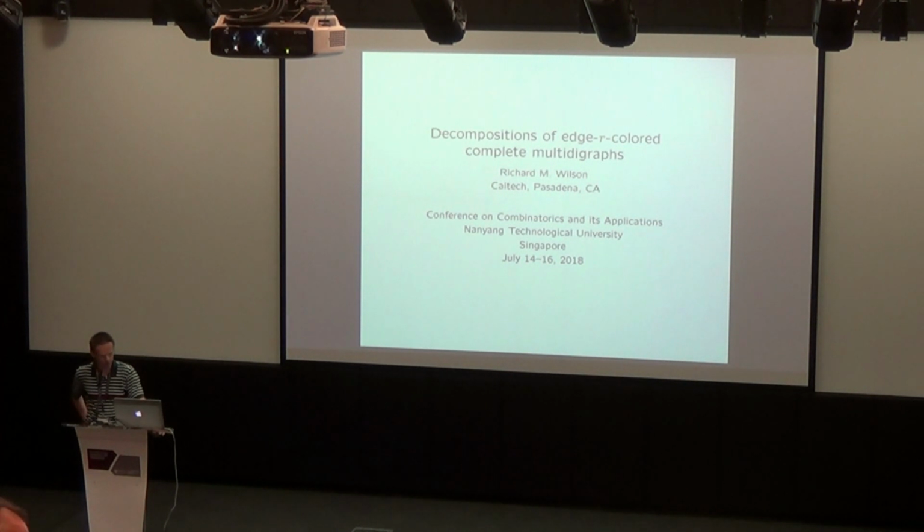Our first talk this session will be an invited talk by Professor Rick Wilson. Rick Wilson got his PhD degree from Ohio State University in 1969, and the title of the thesis was An Existence Theory for Pairwise Balanced Designs.